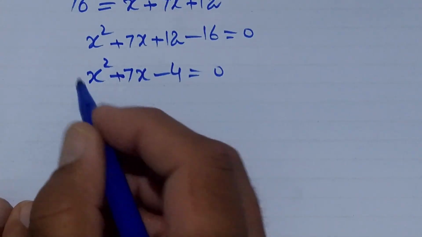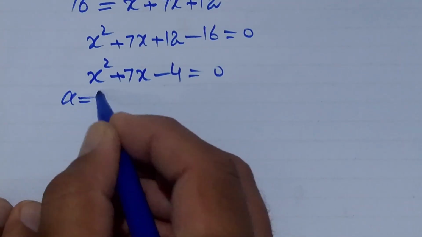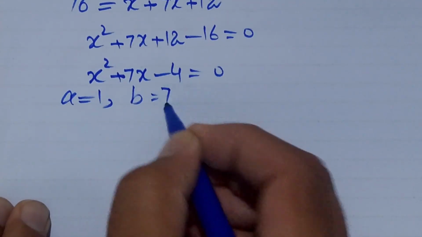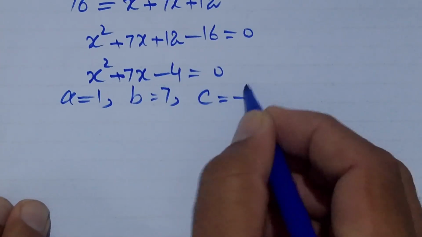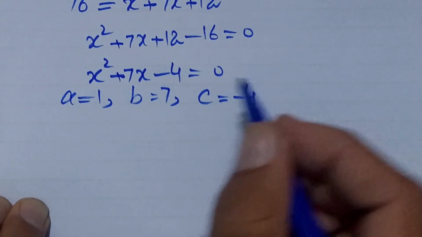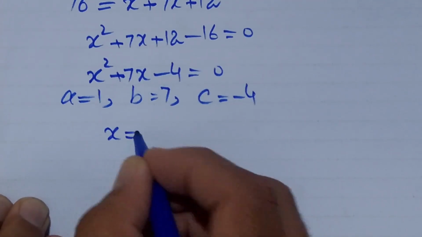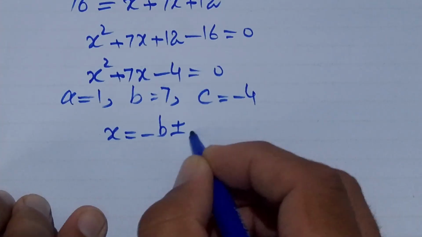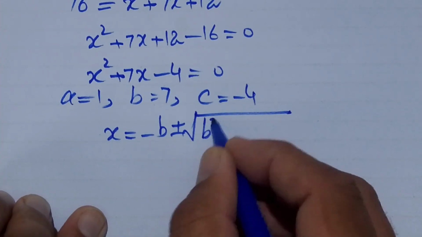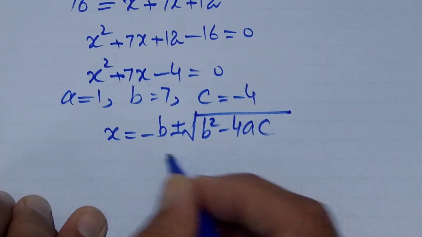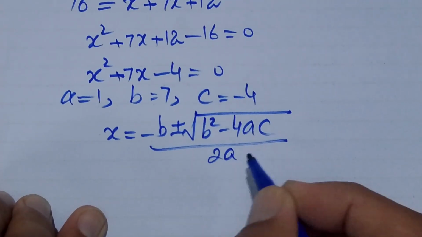Here using the quadratic formula, a is equal to 1, b is equal to 7, c is equal to minus 4. x is equal to minus b plus minus under root b square minus 4ac over 2a.